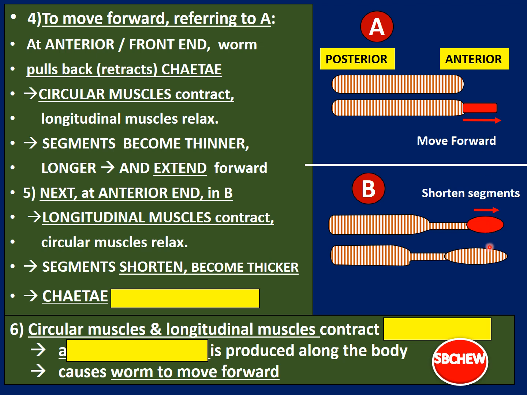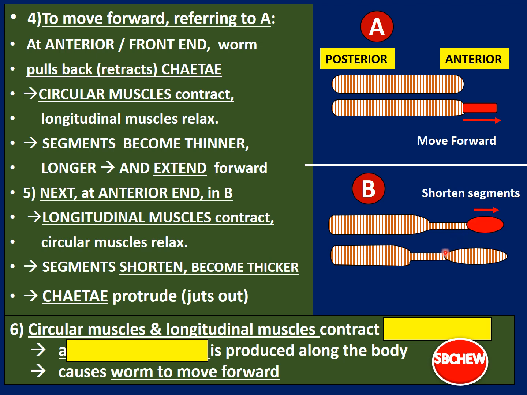Now the chaetae will protrude to anchor the earthworm to the ground. You can mention that, so that the other parts can undergo the same process to help the earthworm move forward. The front end doesn't move at all already. You wait for a while until the rest of the body moves forward to join this part.